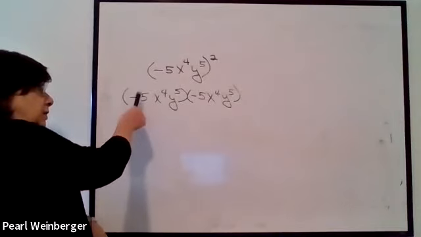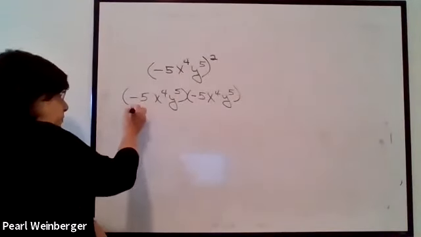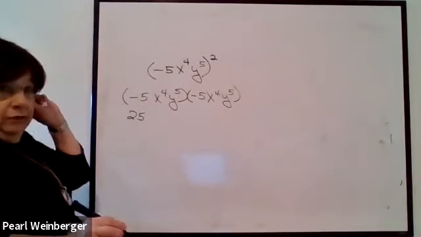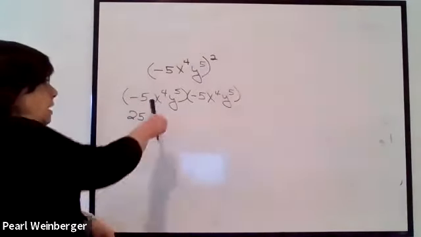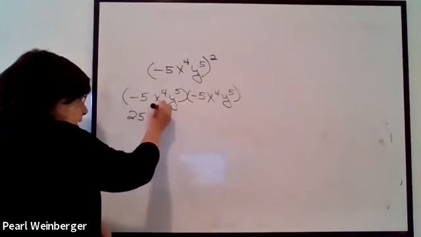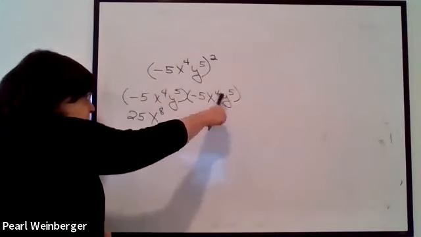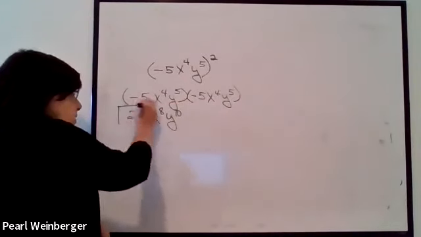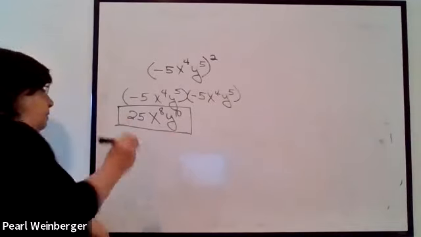And we'll see that we get -5 times -5, which is positive 25, because a negative times a negative is positive. X to the 4th times x to the 4th, the 4 and 4 gives me 8. y5 and y5 gives me y10. And if you got this answer, this is completely correct.